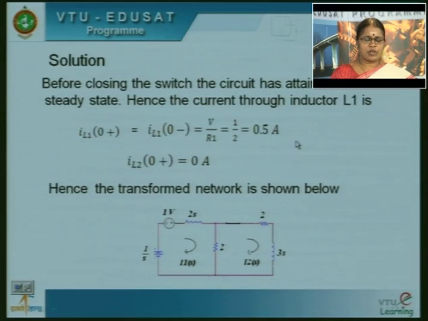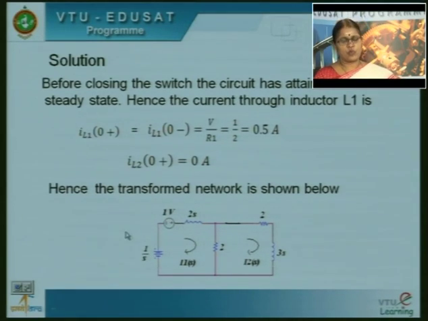So, L into I at 0 minus is equivalent to 1 volt. So, the inductor having an initial value of current can be replaced by an inductor having an impedance of value 2S in series with a voltage source whose value is given by L into I at 0 minus. L value is 2 Henry, I at 0 minus is 0.5. So, it translates to 1 volt, and the supply voltage is given by 1 volt.